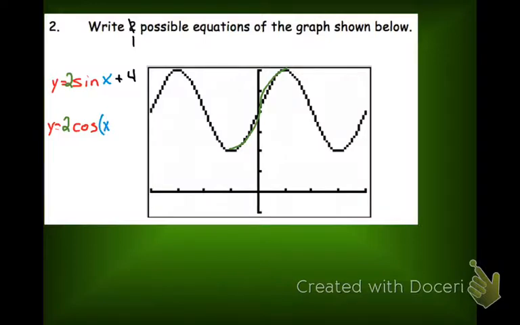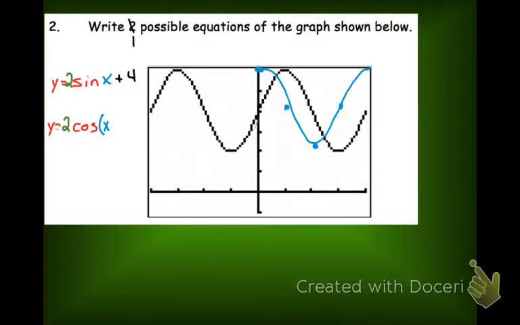But now there's going to be a shift. So we need to figure out, okay, how far has this been shifted? Well, normally it would start at 1 and go down before coming back up. So normally we would look like this.